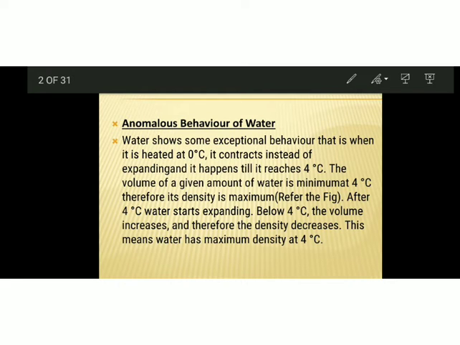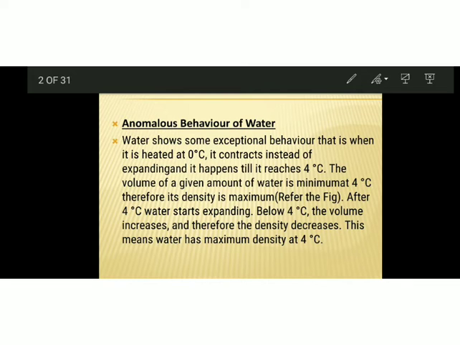You know that generally the volume of a liquid increases with temperature, isn't it? When we heat the liquid, its volume also increases. But when water is heated, what happens? Its volume decreases. Children, please listen.